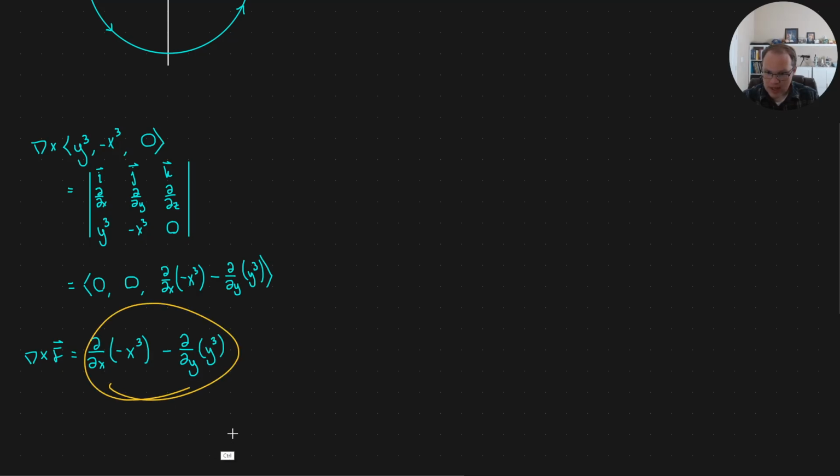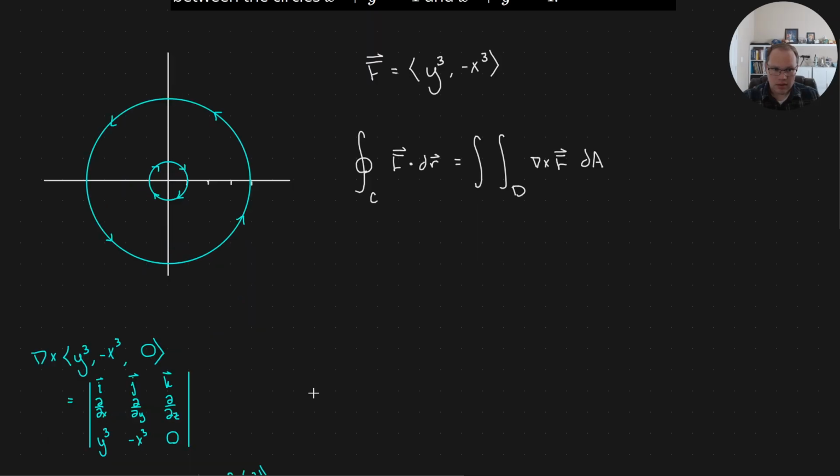Okay, so that's what we plug in right here. Partial derivative with respect to x of our second component minus partial derivative with respect to y of our first component.